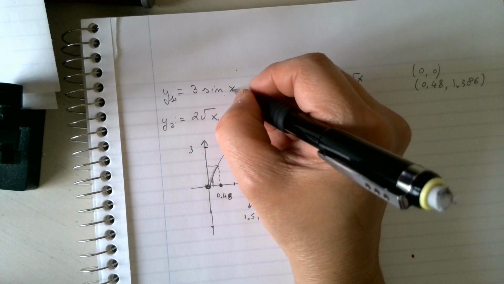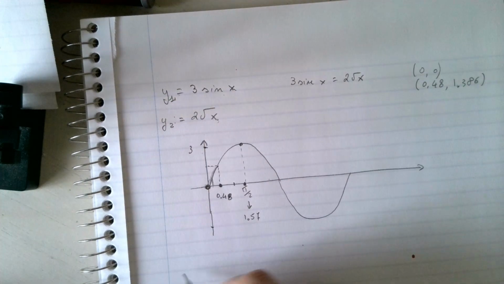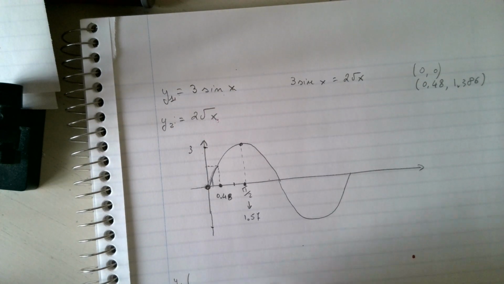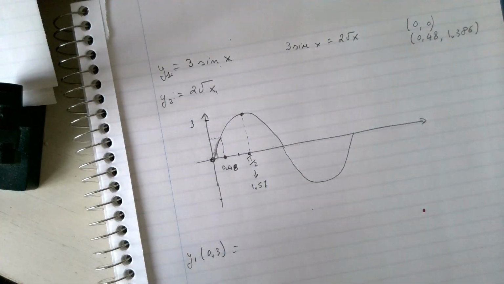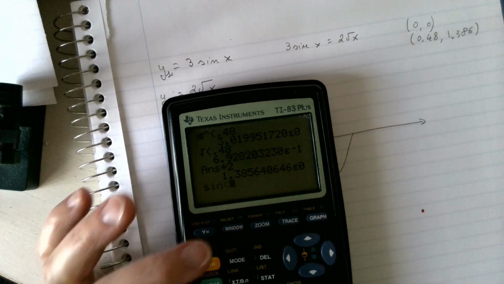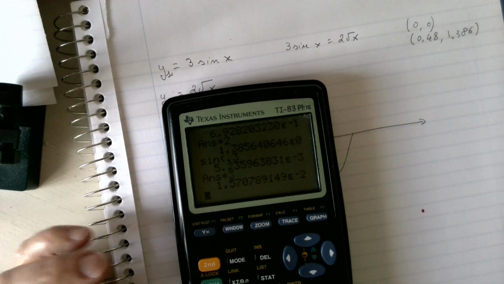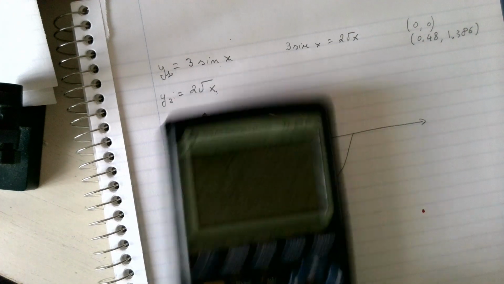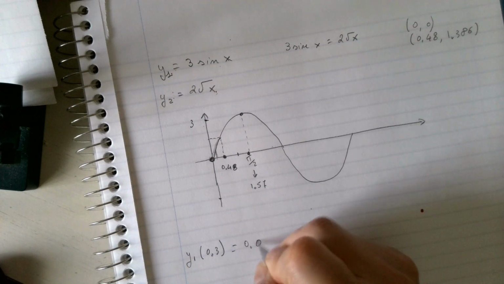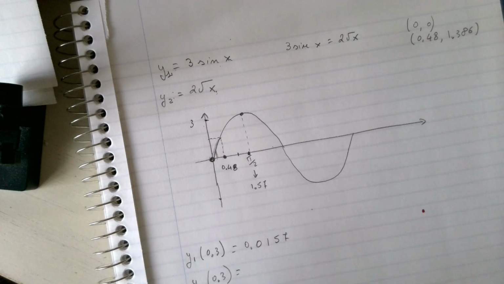So if you substitute 0.3 here, what y do you have? So the y when x is 0.3 would be, we have to do sine of 0.3 and then times 3, so you have 0.0157, and do the same for y2 at the same 0.3 and see which one is highest.